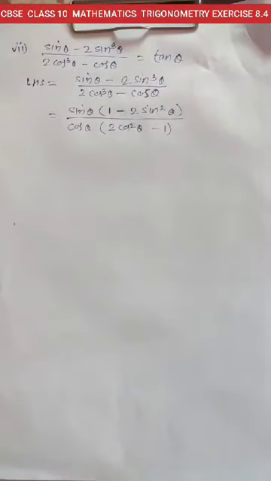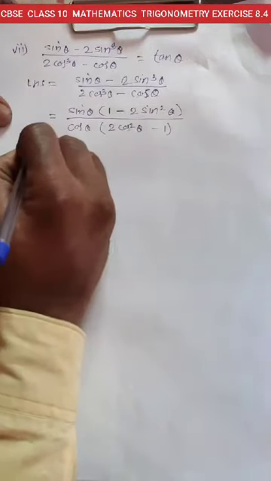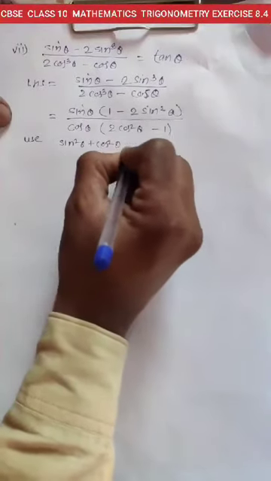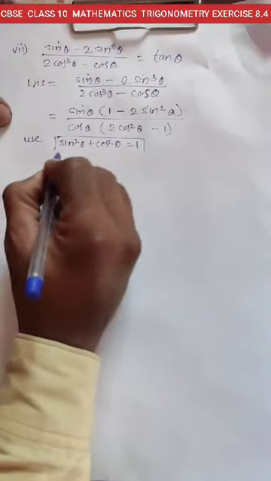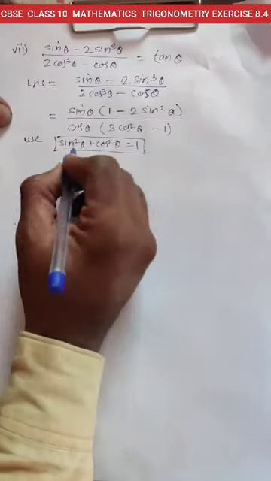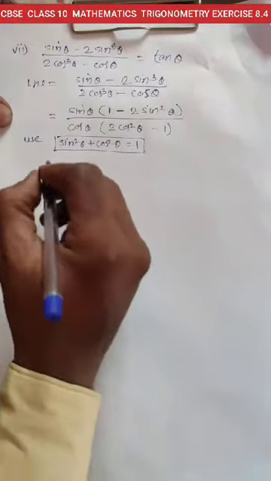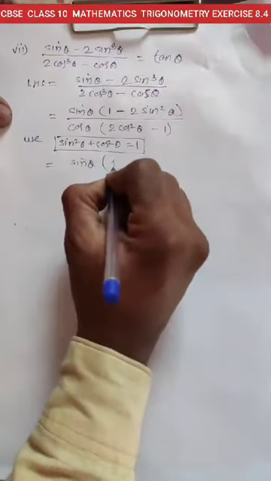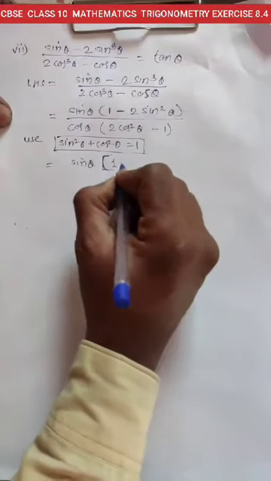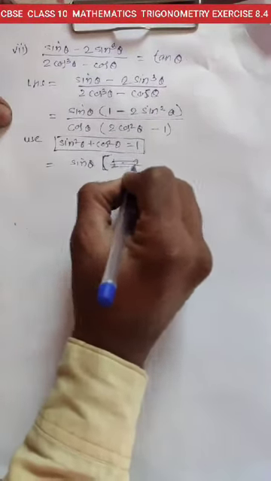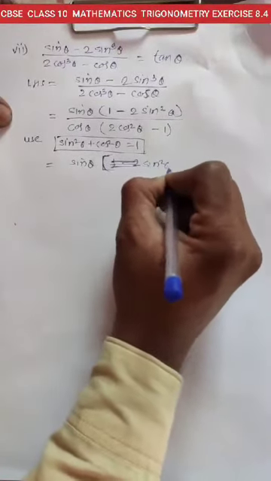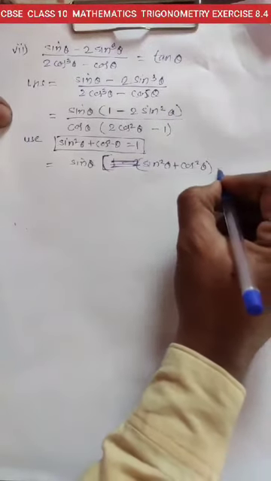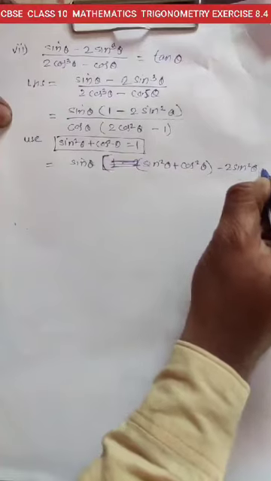Now we have to show the value is equal to tan theta, so use the identity sin square theta plus cos square theta is equal to 1. In the numerator and denominator, in place of 1 we simply put this identity value sin square theta plus cos square theta. So here sin theta into bracket: instead of the value 1 we put sin square theta plus cos square theta, and minus 2 sin square theta.